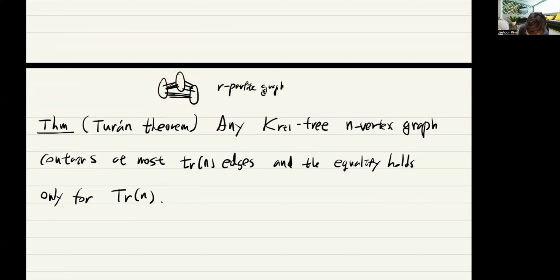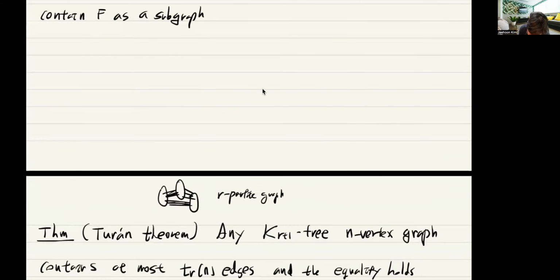This does not contain K4: if you choose 4 vertices, 2 of them belong to the same part, where the edge between them is absent. So it does not contain such a structure. And you can maximize the number of edges by making it as balanced as possible. The sets have almost the same size, and then you put all possible edges between them.